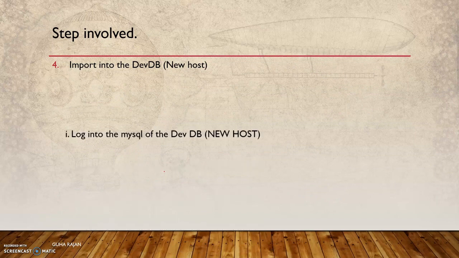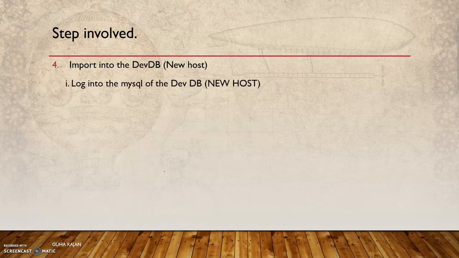development environment. For that to happen, you need to log into the MySQL database, because we need to drop all the tables. So use database, in this case, if you are using WordPress, that is the database name. While creating, use WordPress, so that it will use that database, and then drop tables one after the other.